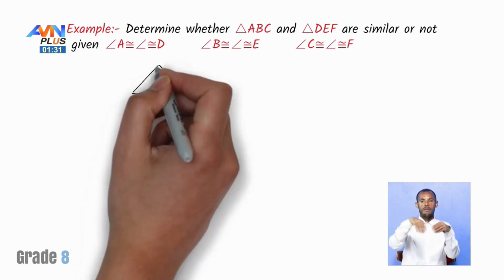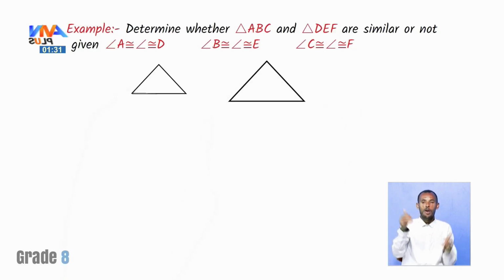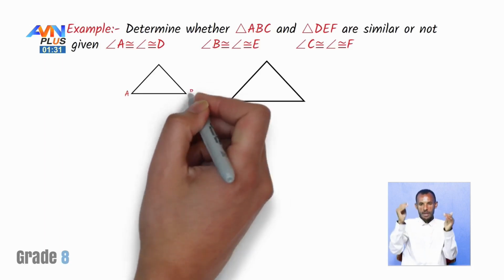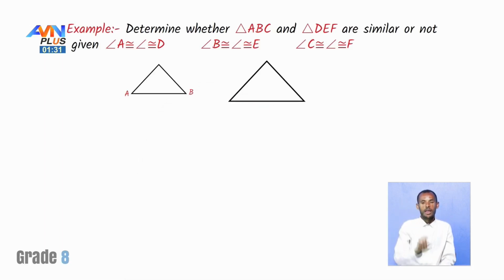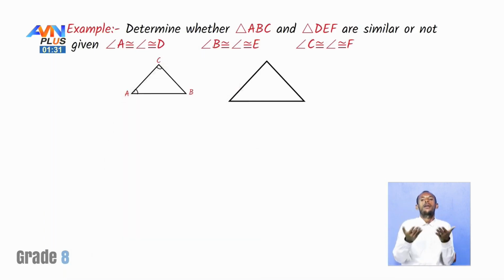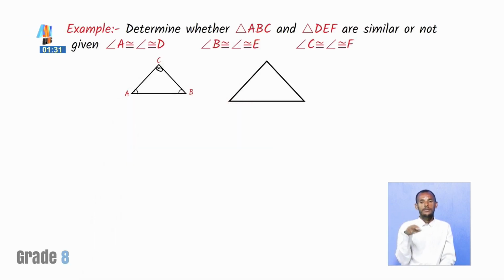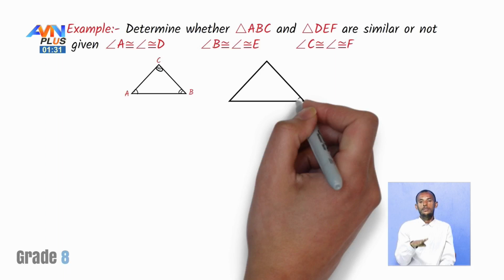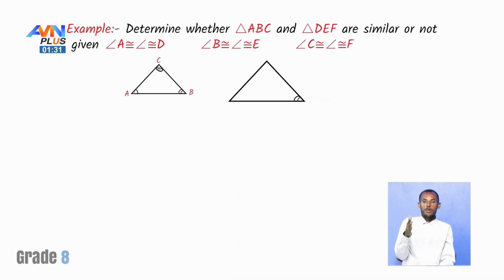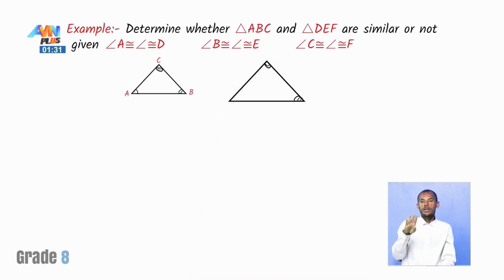Given that angle A is congruent to angle D, angle B is congruent to angle E, and angle C is congruent to angle F, where the figures are like here, A, B, C, and the side lengths are 3, 4, and 6.